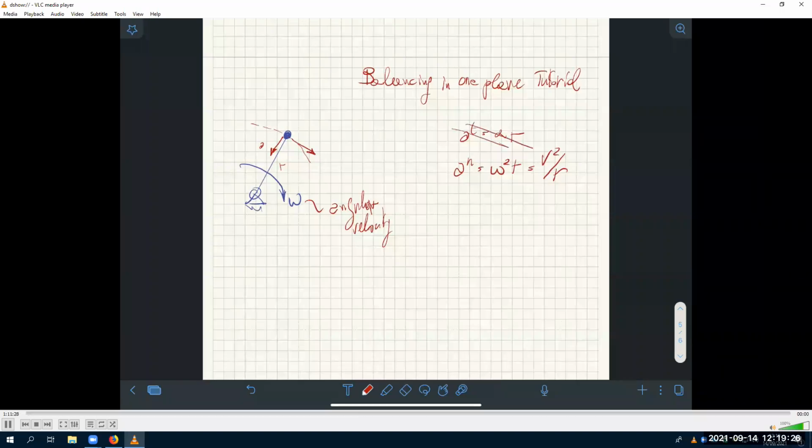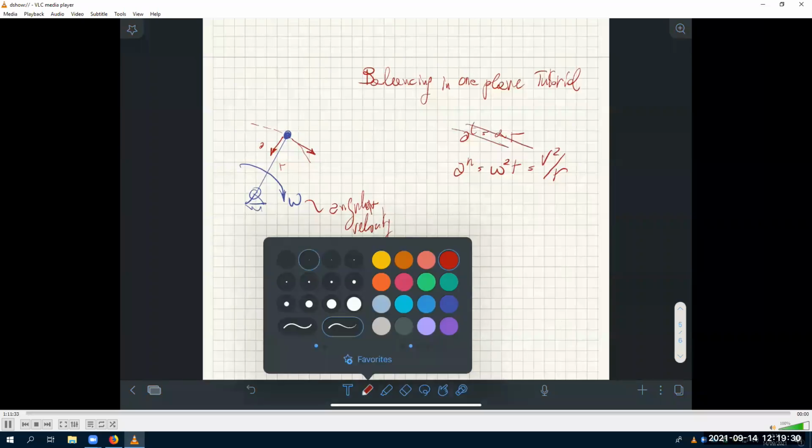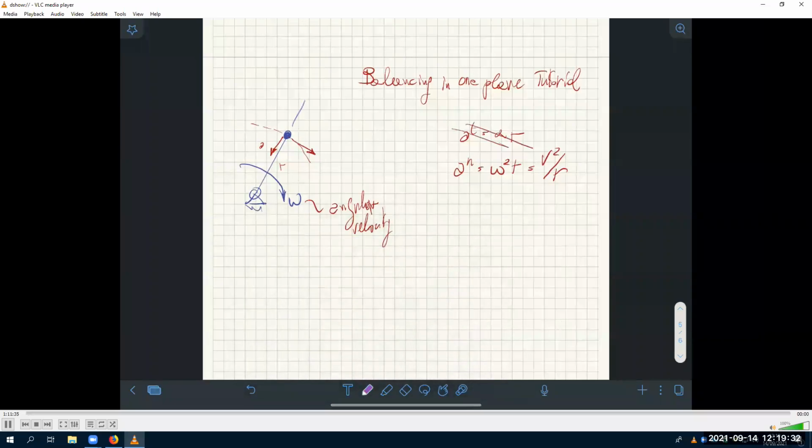Normal acceleration gives rise to an inertial force. That inertial force is what we call centrifugal force. The centrifugal force is equal to the mass of the particle times the normal acceleration.